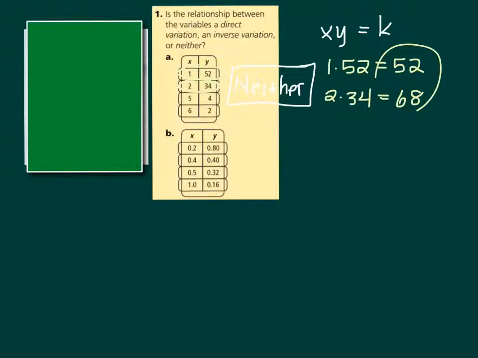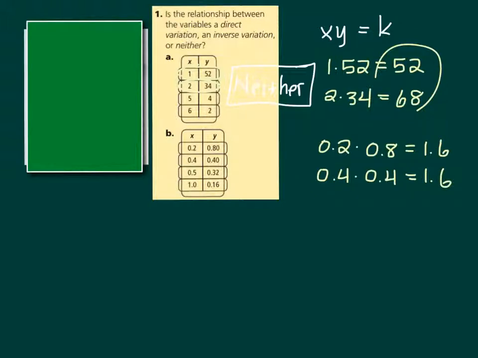Part B, as the x's are getting larger, the y's are getting smaller. So let's check. Same thing we did up there. What is 0.2 times 0.8? 0.16. What is 0.4 times 0.4? 0.16.